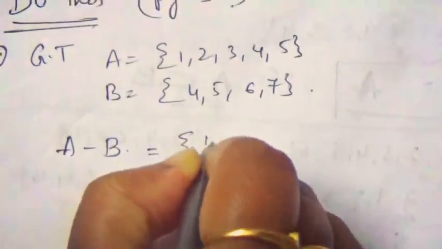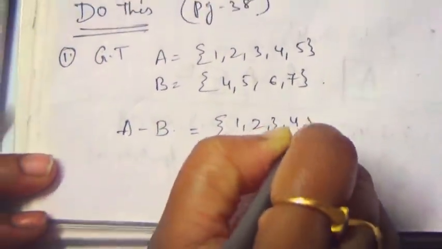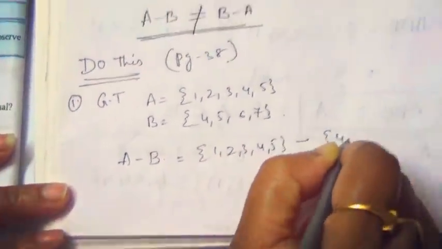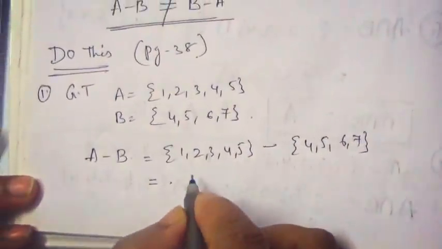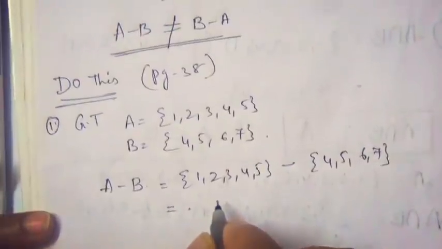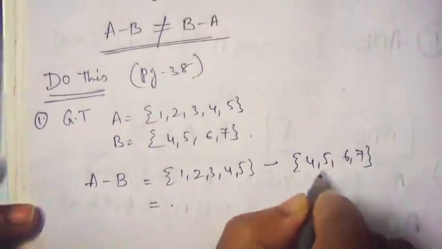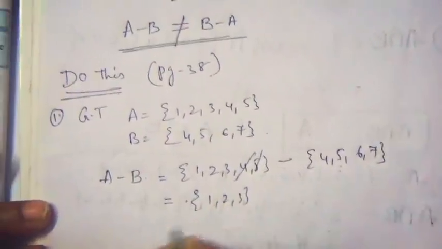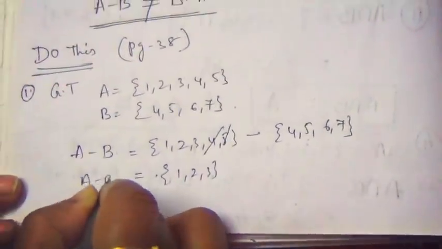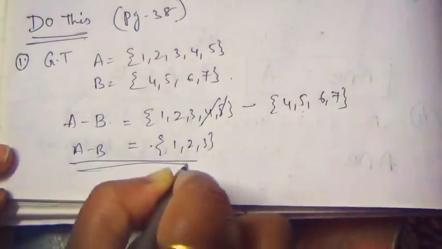First of all, you have to find A minus B. That is 1, 2, 3, 4, 5 minus 4, 5, 6, 7. So you have to strike out the elements which belong to B, right? 4, 5. You strike out from this. So only remaining we have 1, 2, 3. So A minus B is equal to 1, 2, 3. And we have to find B minus A also.